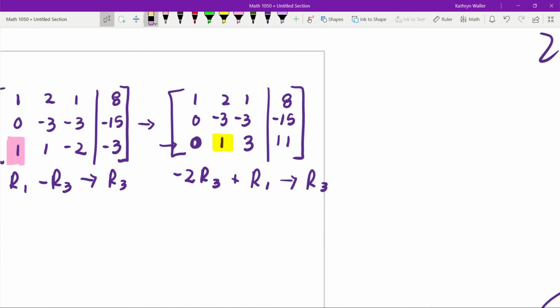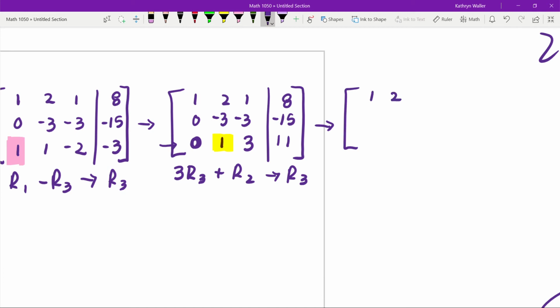So instead of that, I am going to multiply row 3 by a 3. Then I'll have a 3 and a negative 3, and I'm good. So I'm going to go 3 times row 3 added to row 2 becomes my new row 3. Okay, so look, row 1 doesn't change.